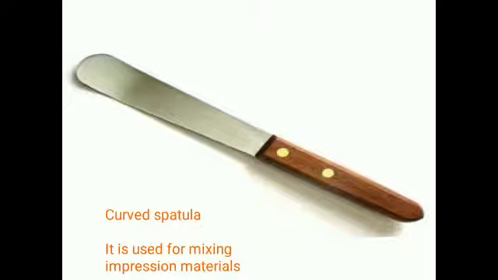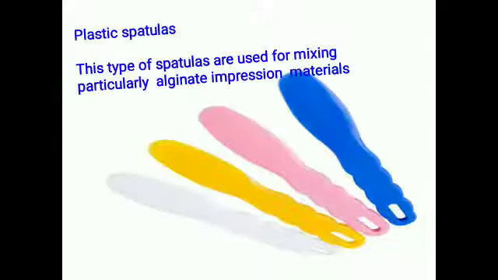Curved spatula is used for mixing impression plaster. Plastic spatula is made of plastic. This type of spatula is used particularly for mixing alginate impression material.